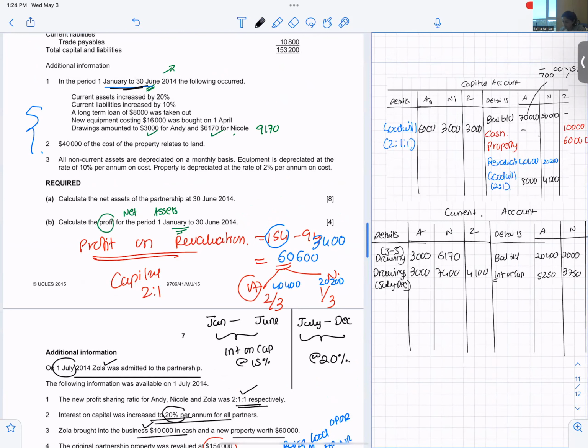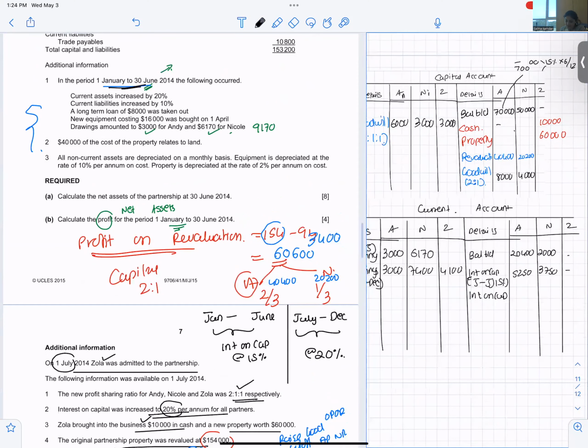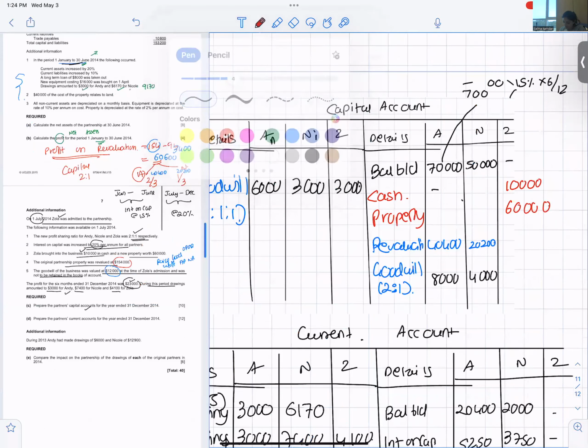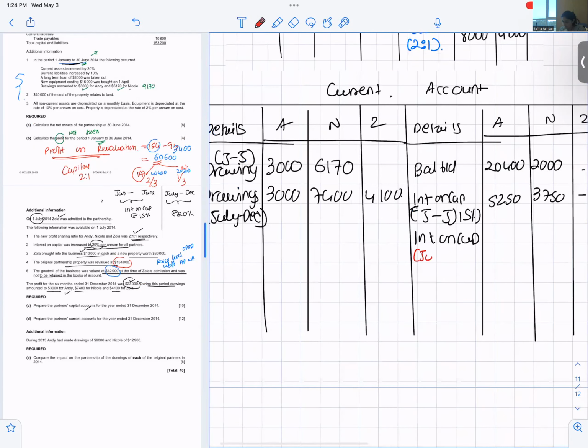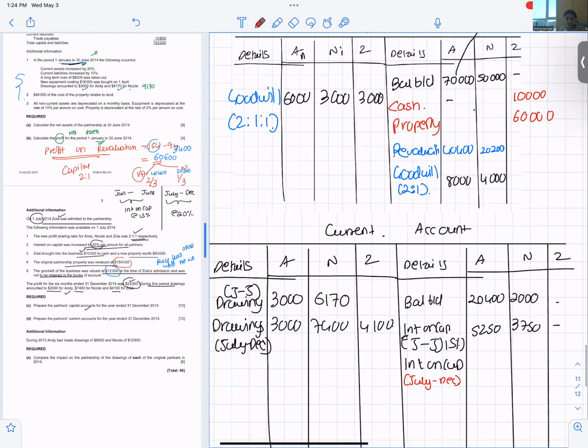Similarly, interest on capital also, this was from Jan to June 15%. And again interest on capital we will give at 20% from July to December. So 70,000 into 20% into 6 by 12. So it becomes 11,240 for Andy.